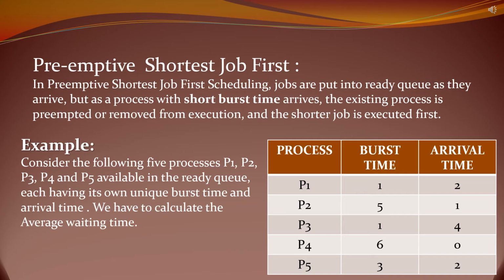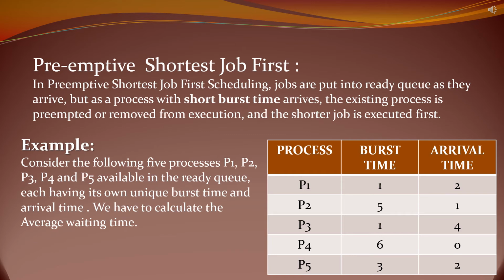Now we will discuss about an example. Consider the following 5 processes, that is P1, P2, P3, P4 and P5 available in the ready queue, each having its own unique burst time. Like burst time for P1 is 1, for P2 it is 5, for P3 it is 1, for P4 it is 6 and for P5 it is 3.